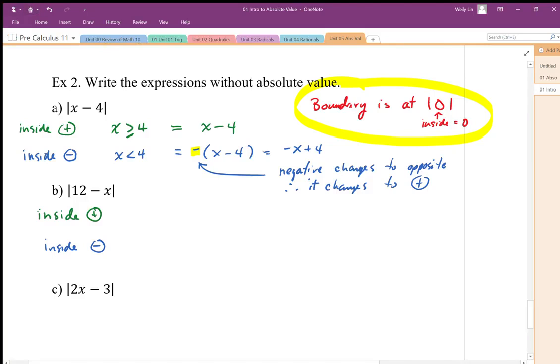So where is the boundary then? That's the key part. The boundary is where it's equal to 0, which is when x equals 12. I'm going to use that boundary to establish my domain.